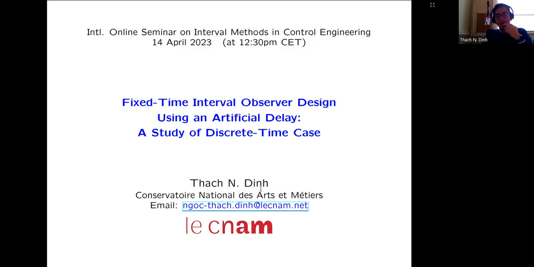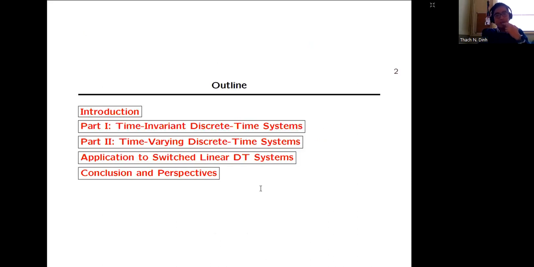So the title of my talk is fixed time interval observer design using an artificial delay, and I will study two families of discrete time systems. I'm from Conservatoire National des Arts et Métiers, like Andrea has presented. Now, here is the outline of my talk today.